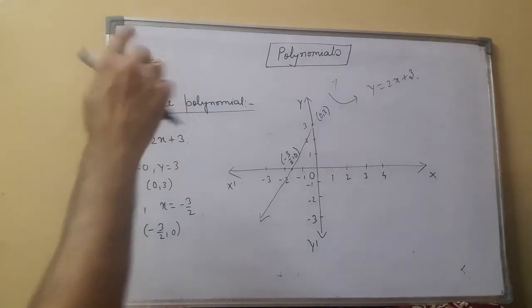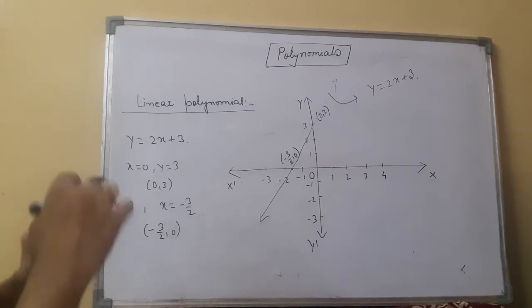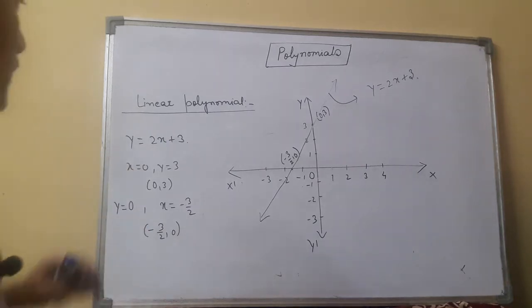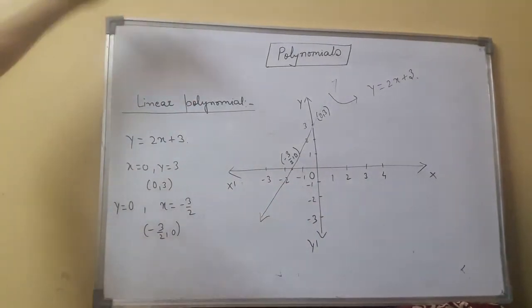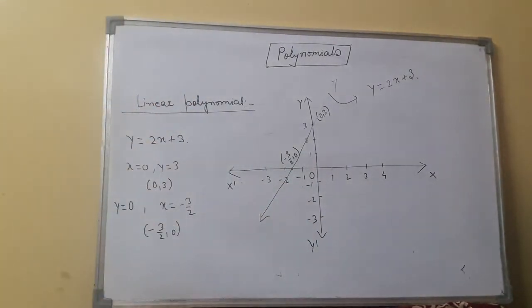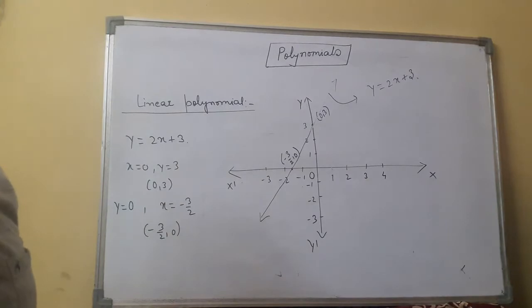I will draw one more graph of quadratic polynomial and then we will see its zeros. So I think up to this you have understood. So now I am going to explain about the quadratic polynomial and its zeros. How will it look like on a graph paper?